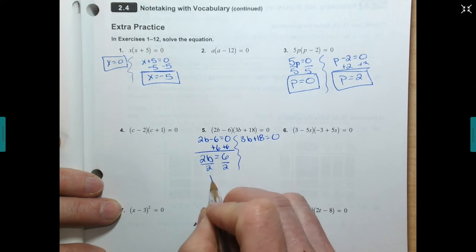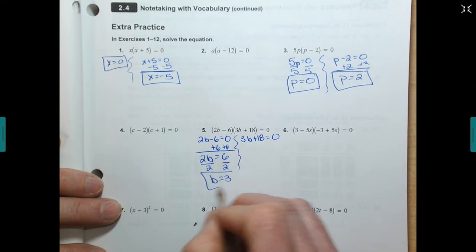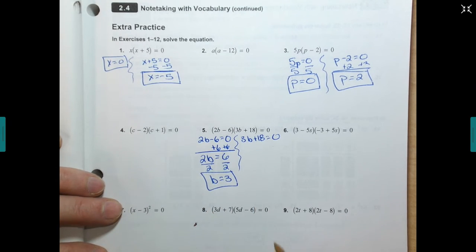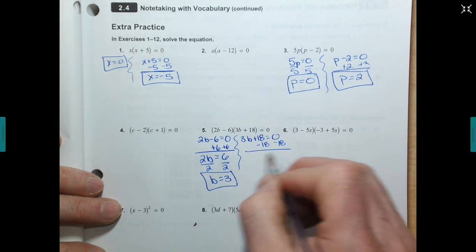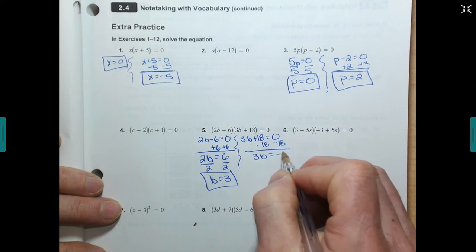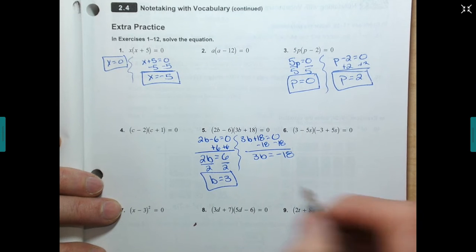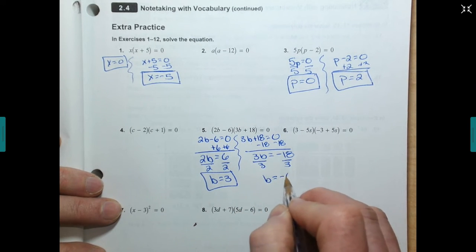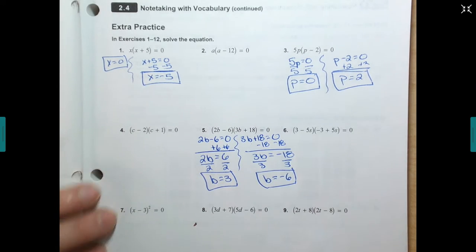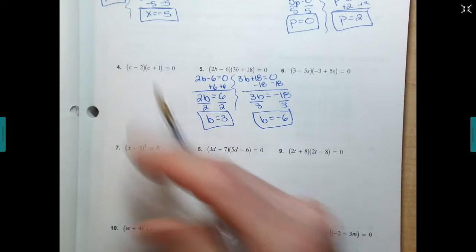Divide by 2 on both sides, and I have b equals 3. This side, subtract 18. I have 3b equals negative 18. Divide by 3. b equals negative 6. So you go. Pretty straightforward to solving polynomials.